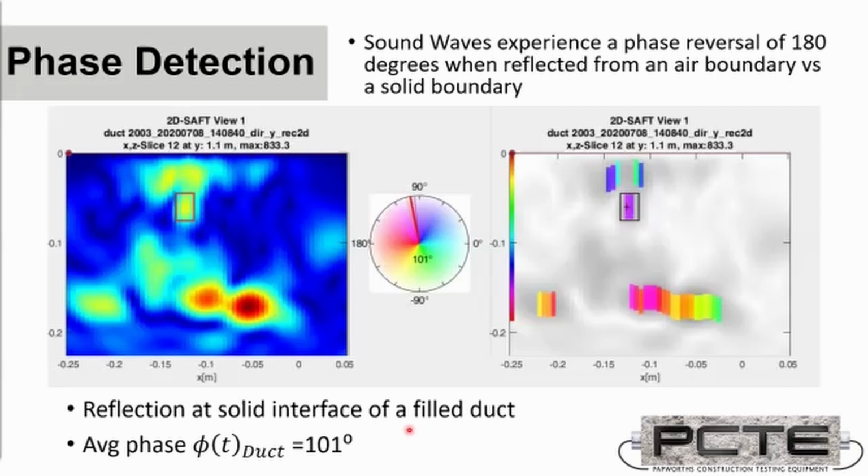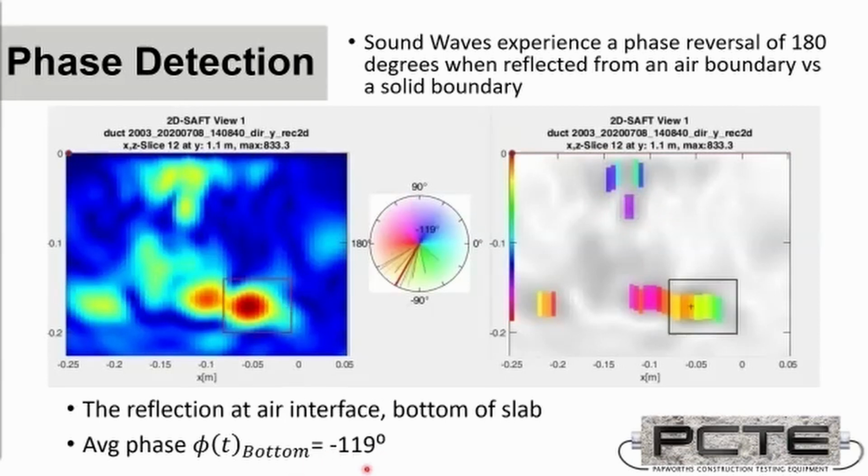By measuring the phase of this in degrees, we can actually distinguish between a reflection of shear or sound energy from a void to that of the signal from a metal bar properly grouted into a duct. So in this particular study, the duct is filled and known to be checked by drilling. And we start by looking at the phase of the reflection on that duct, around 101 degrees.